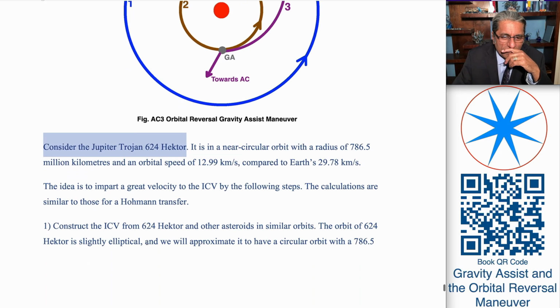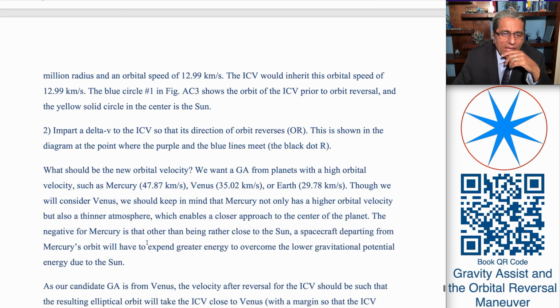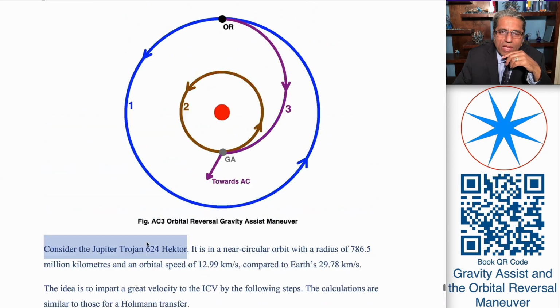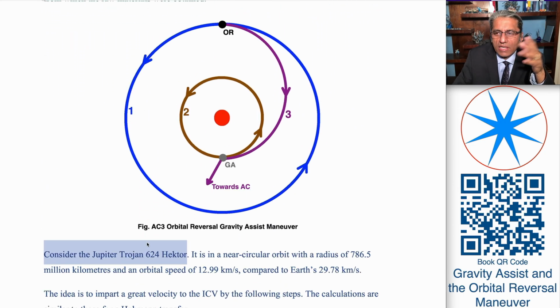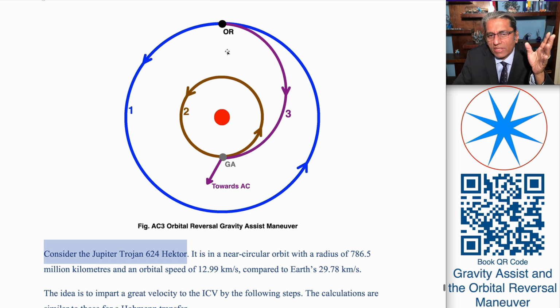Now 624 Hector is traveling the same direction as Jupiter, which is traveling the same direction as Venus. So you actually have to reverse the orbit. Whatever you assemble from Jupiter Trojan 624 Hector, you have to reverse its direction to make it orbit in this direction if you want to get that gravity assist benefit.